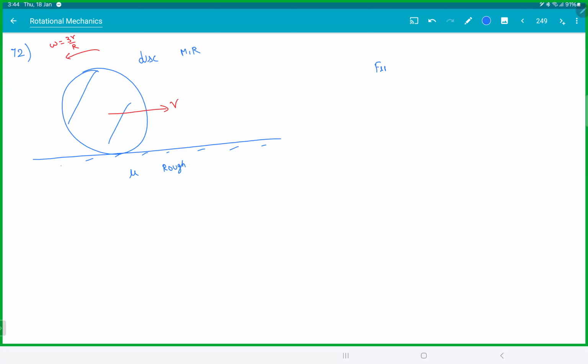Find the final speed. Time taken for it to stop slipping. Time taken to come back to initial position.